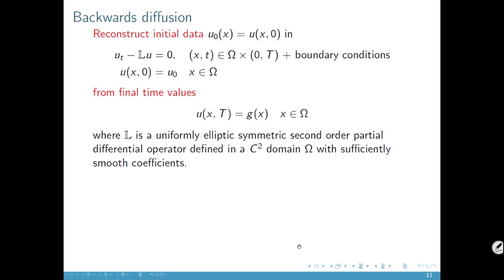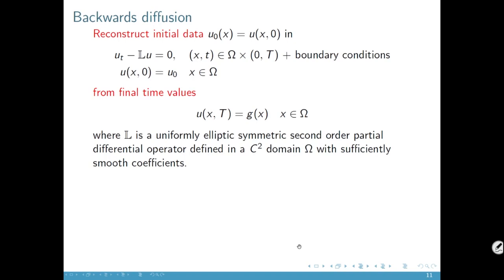So the problem looks like this. That's our backwards heat equation with a slightly more general elliptic second order differential operator L here. So you could imagine just a Laplacian here with initial conditions.